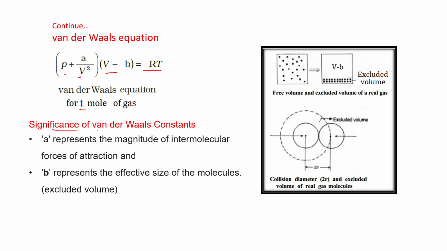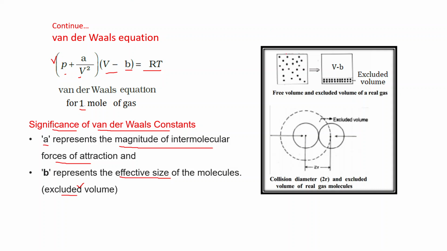Now, significance of van der Waals constants. a is in the pressure term, that's why it represents the magnitude of intermolecular forces of attraction. And b represents the effective size of the molecule, or we can say it represents the excluded volume. Now what is this excluded volume? Again see this diagram.